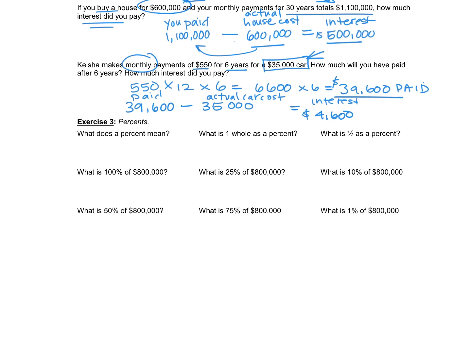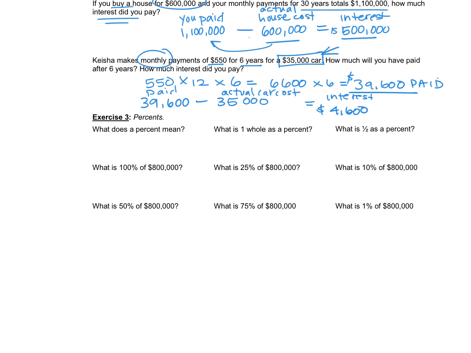And now as we're talking about this interest, normally it is some sort of percentage of what your purchase is. So let's think about some percents. Percent really means per 100, coming from that word cent, like a century, which is 100 years. And so if we have 100%, if you see that, that means you have 100 out of 100.